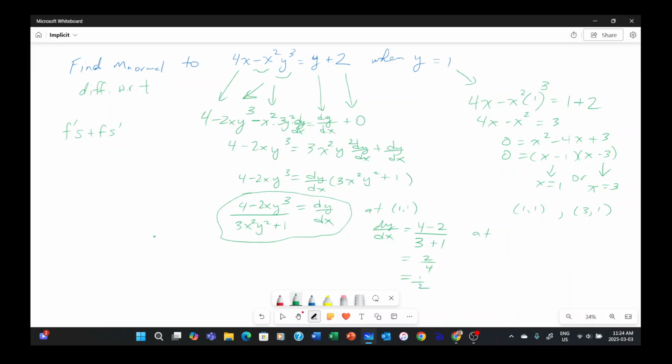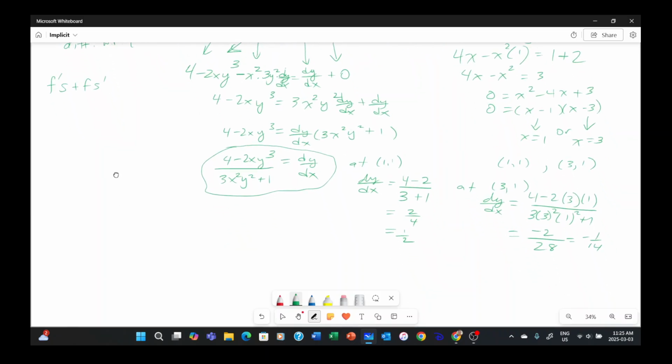And at (3, 1), might have to be a bit more calculating here, you get 4 minus 2 times 3 times 1 cubed, which is 1, over 3 times 3 squared, watch out for that squared, times 1 squared plus 1. So it looks like you get on the top -2, and on the bottom you get 27 plus 1, which looks to be 28 if I've done it right, which is -1/14.